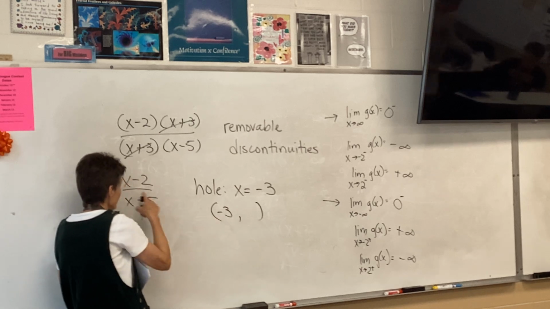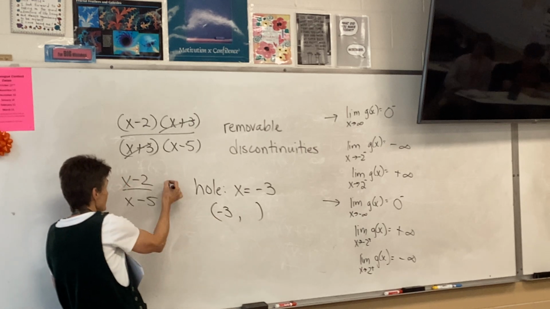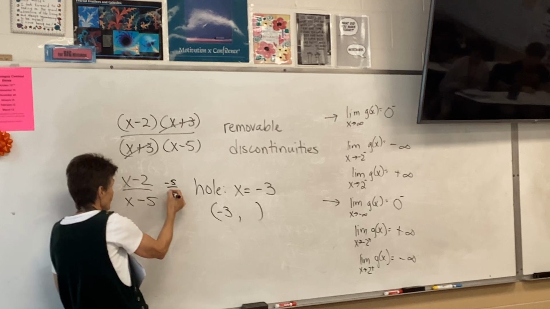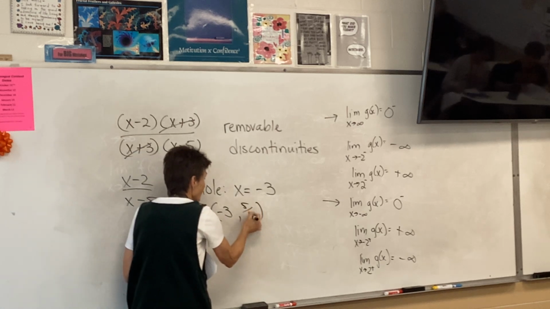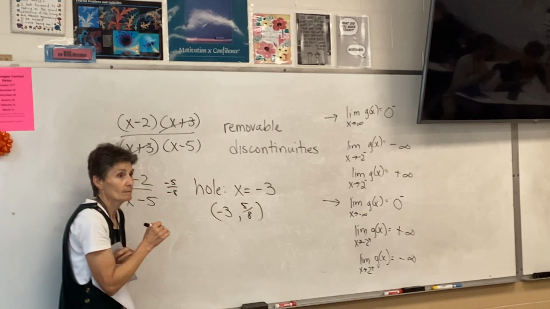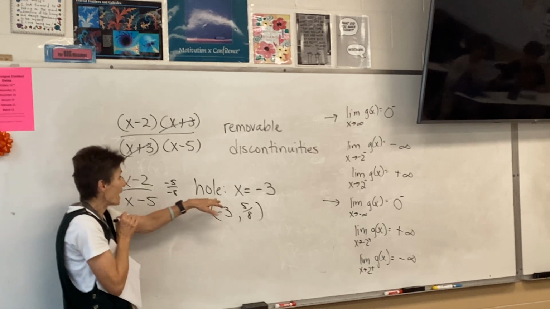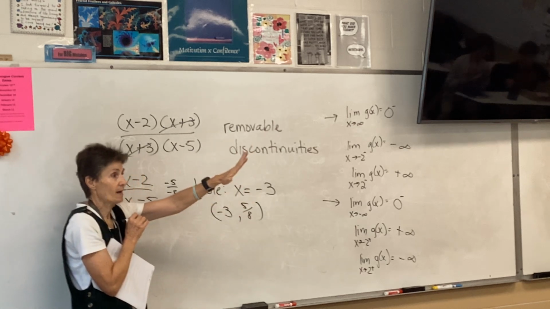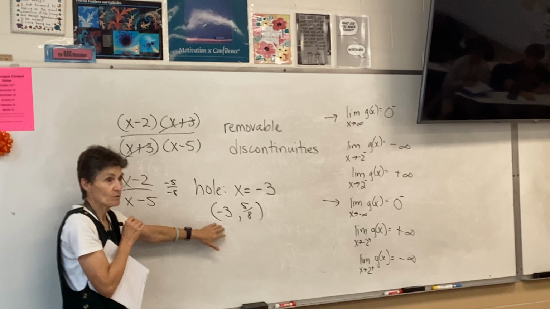Well, we'll take that -3 and put it in here, so we get -5 over -8. -3 comma 5/8, is that okay? He only asks for the x coordinate, that's fine. But if you're gonna graph it, you need the ordered pair.